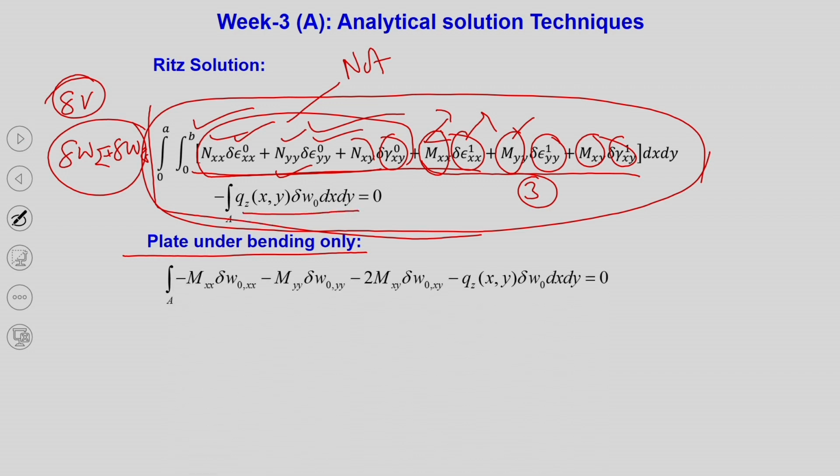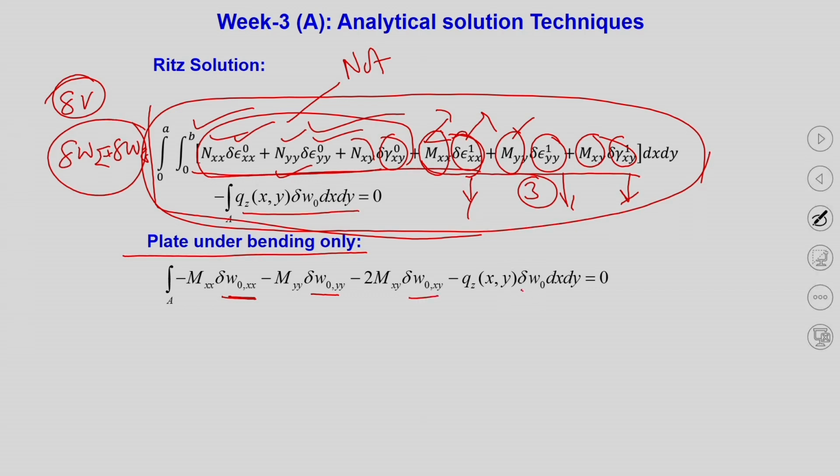So first of all, substitute the values of del epsilon xx, del epsilon yy, del gamma xy. What are those? Del w comma xx, del w comma yy, del w comma xy, and this del w naught.